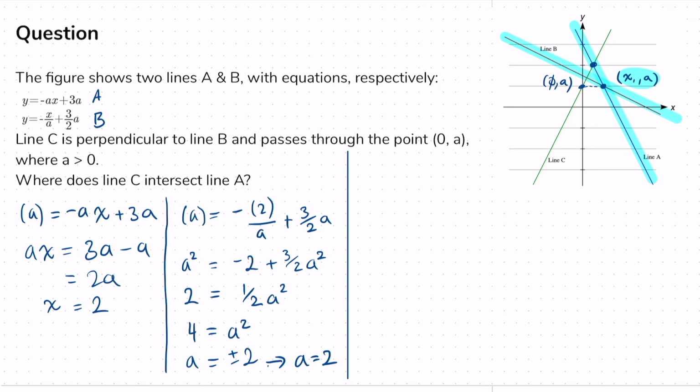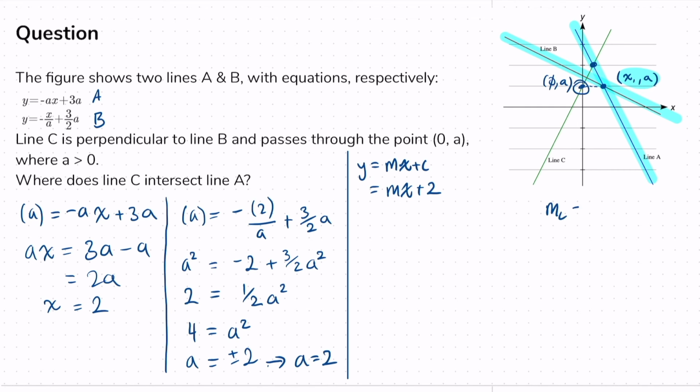If A is equal to 2 and x is equal to 2 for that point of intersection, right, well, at least now I have my y-intercept. So this is for C here. y is equal to mx plus c. C is equal to 2. And the m of C, well, that's perpendicular to line B. What does that mean?